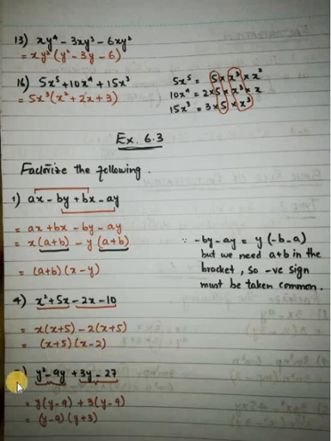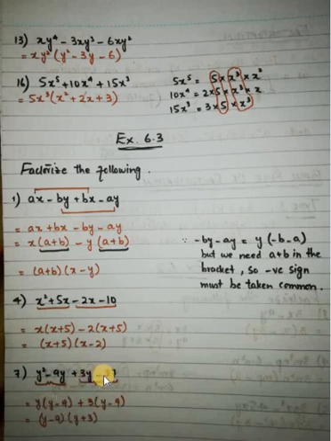Then, moving on to question number 7, you have 4 terms, y square minus 9y plus 3y minus 27. In the first 2 terms, y is common, and after taking y as a common factor, you will get y minus 9 inside the bracket. Then, you will have to take common from the last 2 terms in such a way that you must have y minus 9 inside the bracket like the first term.